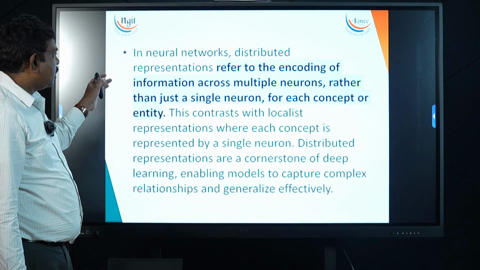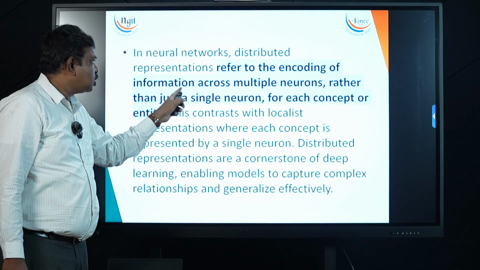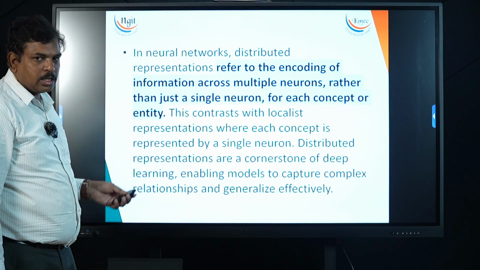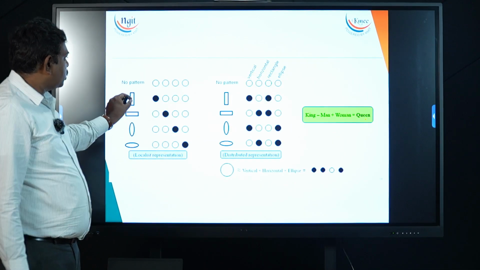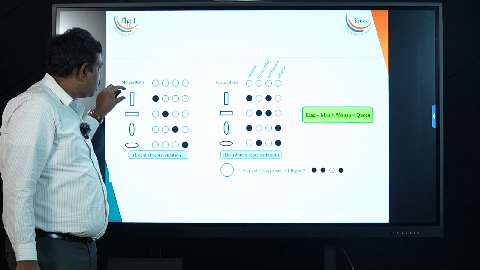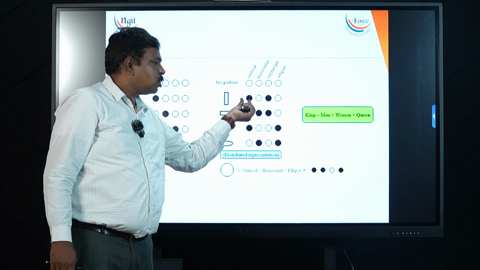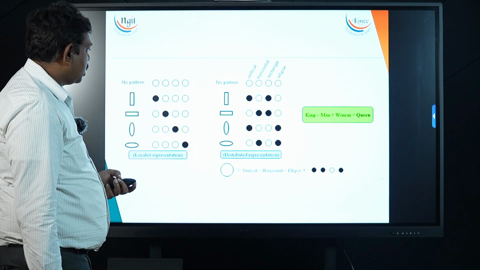Distributed representation refers to the encoding of information across multiple neurons rather than just a single neuron. Earlier we stored the information about this rectangle in only one neuron, but here I am storing it in two neurons, one holding its shape, another holding its position, whether vertical or horizontal.